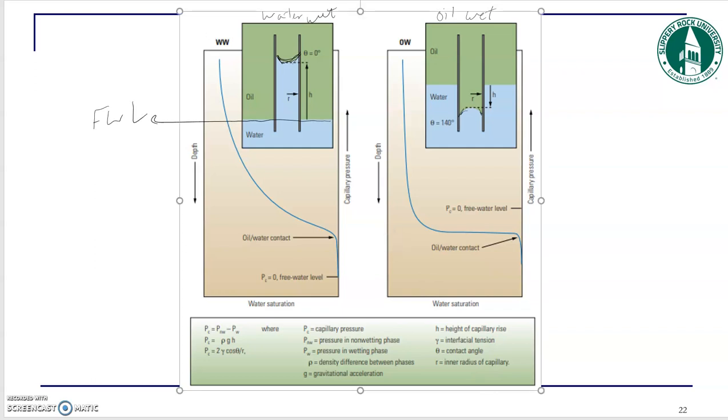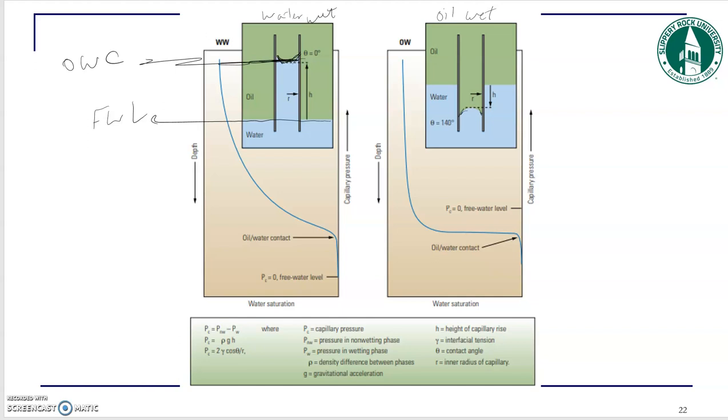And if we are looking into the capillary, this is called the oil water contact, because inside that capillary you can see the oil from this point. In this case, this is our oil water contact, right? And this is the free water level. So in an oil wet reservoir, the free water level stays above the oil water contact.